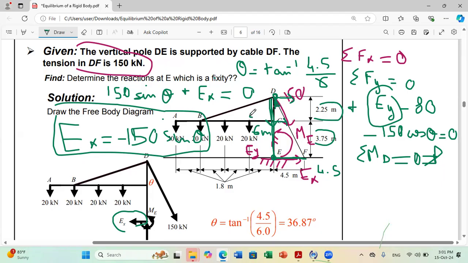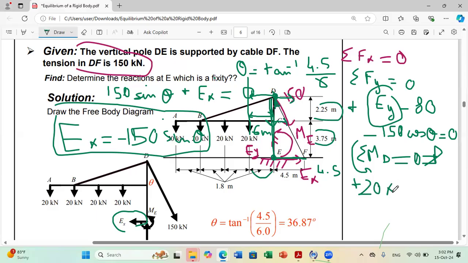For the first one, if you extend the line of the force and draw the perpendicular, it's equal to this distance, which is 1.8, okay? Considering the counterclockwise direction as positive, all of these vertical forces are doing counterclockwise moments. So you have the first force, plus 20 times 1.8.